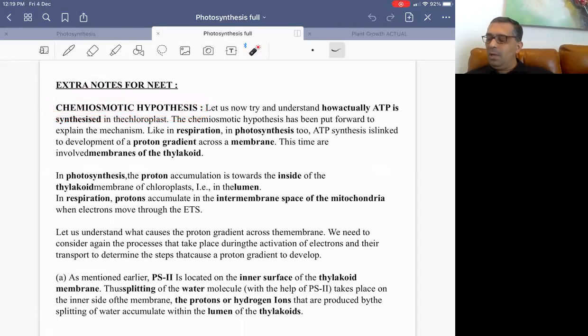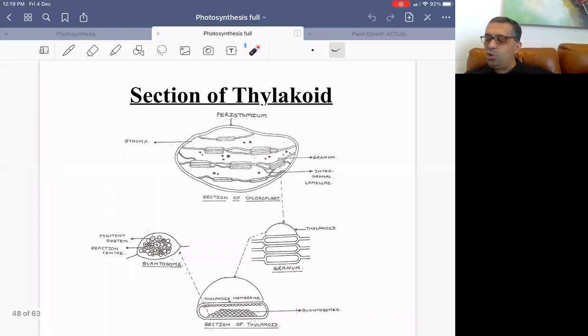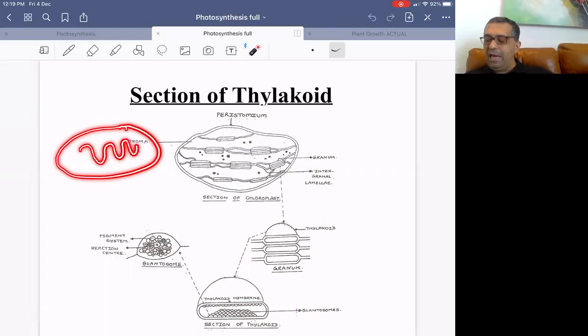What is the difference? The difference is in case of respiration. Sir, ये था आपका माइटोकॉन्ड्रिया and ये थे आपके क्रिस्टे, and protons went from the matrix into the intermembranous space. And from the intermembranous space, they returned back through the F1 particles. And in the F1 particle, ATP synthase trapped the energy to form ATPs.